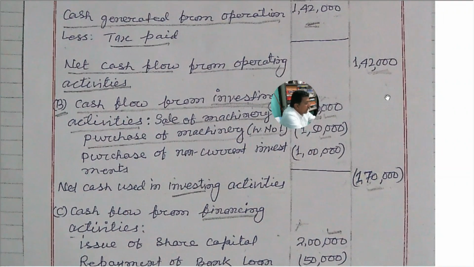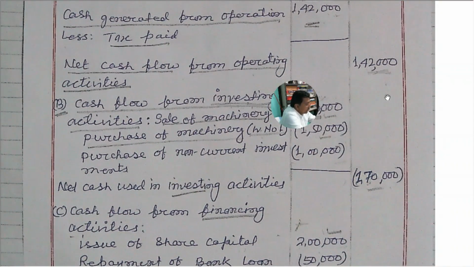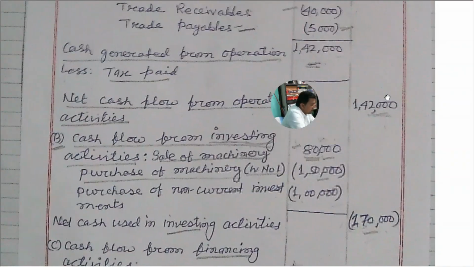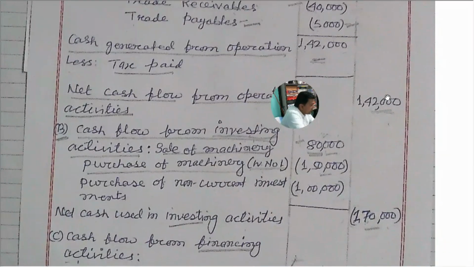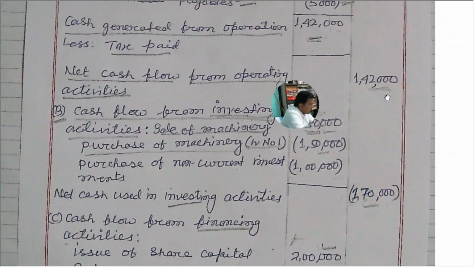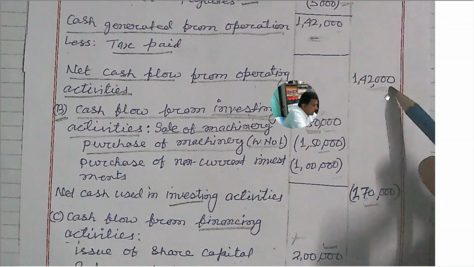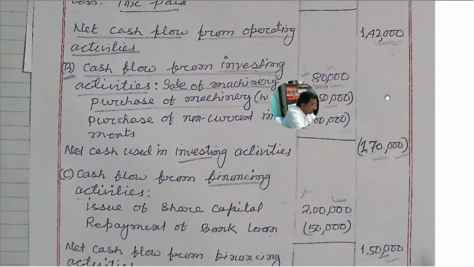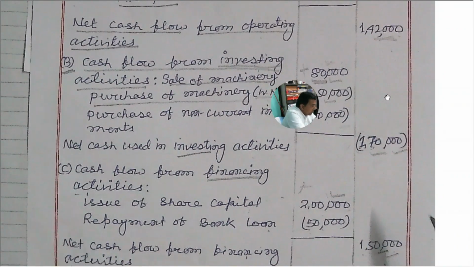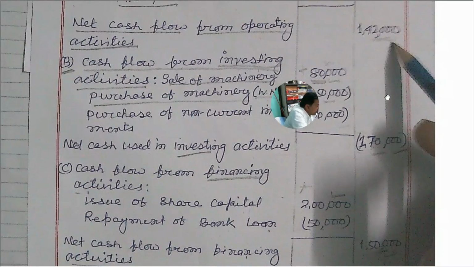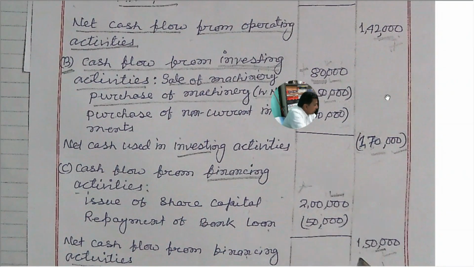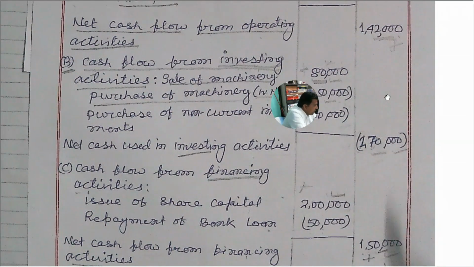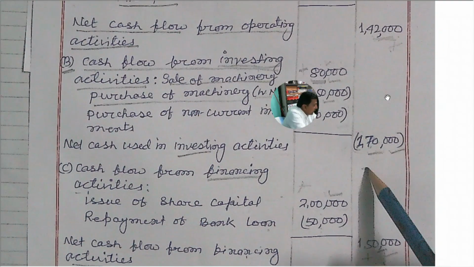Now the first column transactions are over. Now let's see the second column. There are always three figures we will get: operating activities, investing activities, and financing activities. 1,42,000 is a plus figure and 1,50,000 is a plus figure, but 1,70,000 is a minus figure.